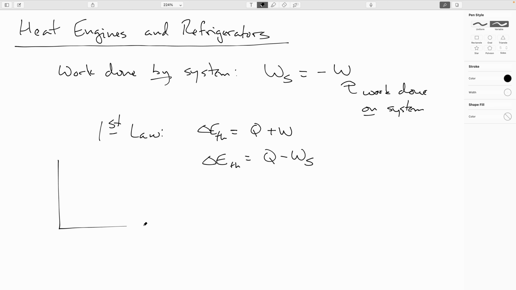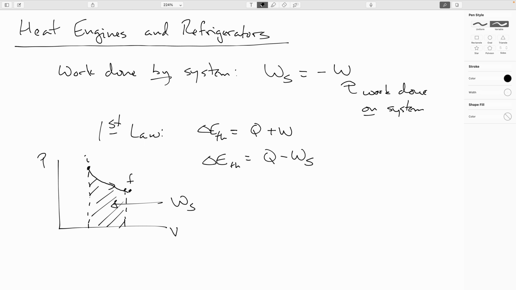So what this will mean for our PV diagrams is say this is my initial state, that's my final state, and we connect it with some thermodynamic process. We saw that the magnitude of the work done was equal to the area under the curve.